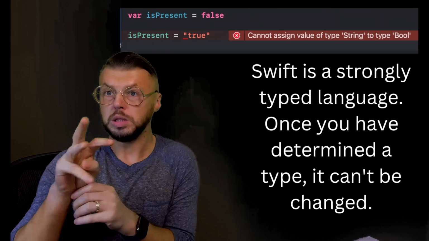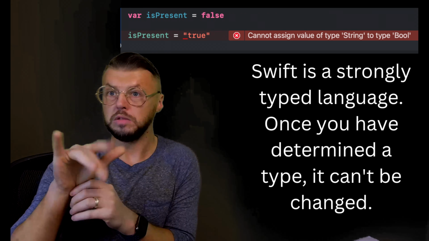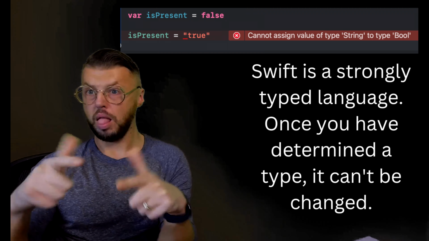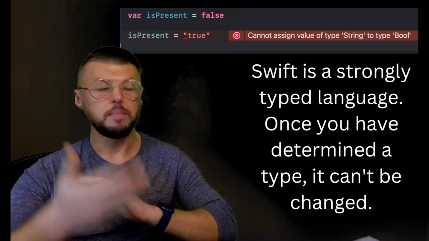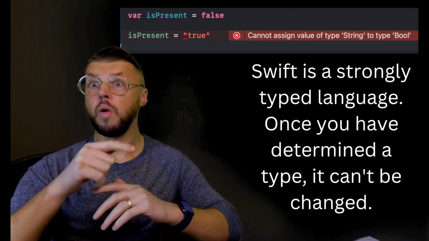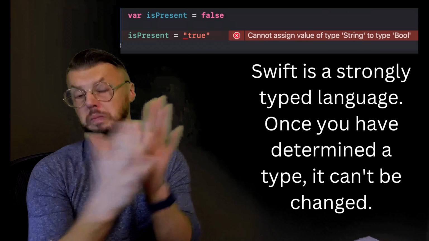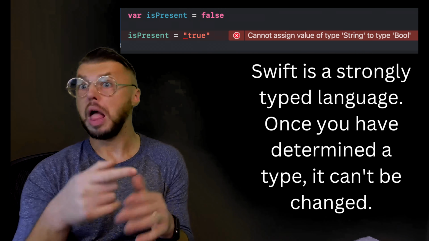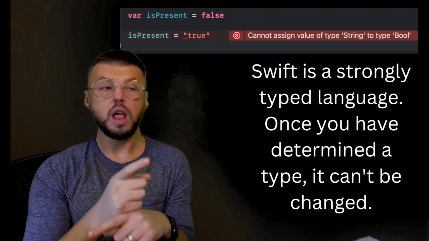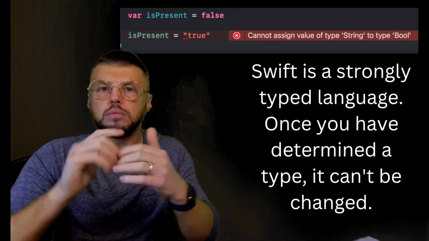It's also important to know that Swift is a strongly typed language. What does it mean? For example, we have a variable and we assign it a type of Boolean.